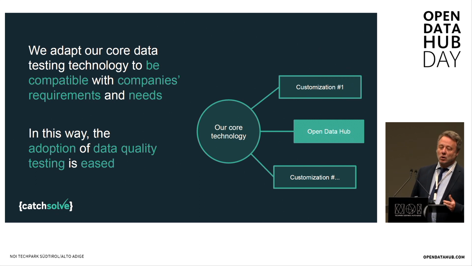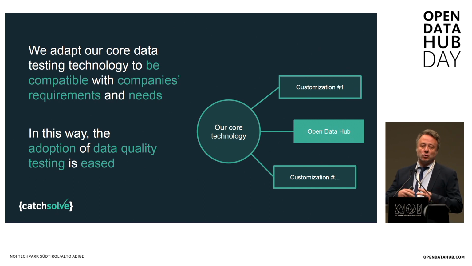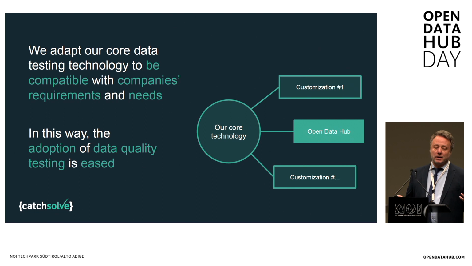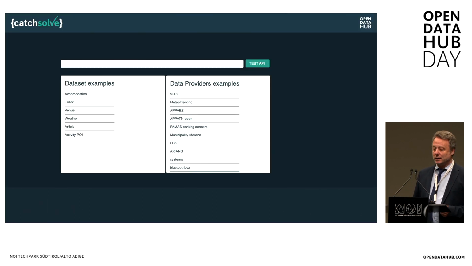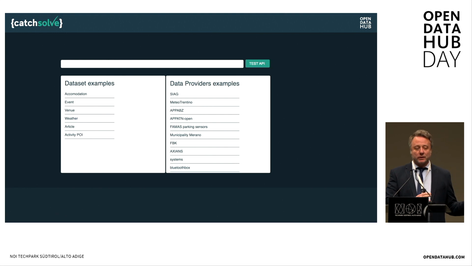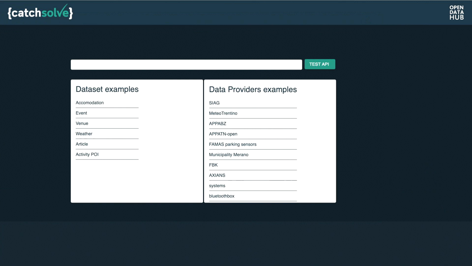One of these was simplicity, so not to start with too much complexity. As Chiara said before, this should be a journey, so it should be as easy as possible to start. And so, bringing together what we have done about data quality and Open Data Hub, we thought the best way to start is to have zero configuration.